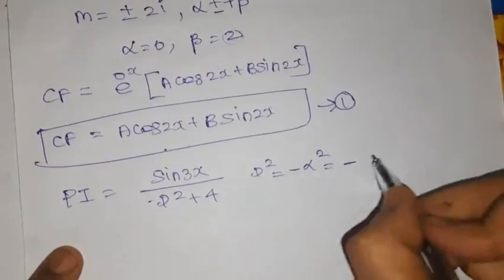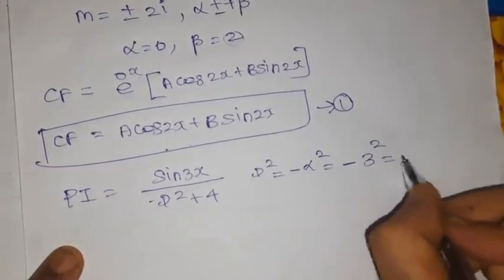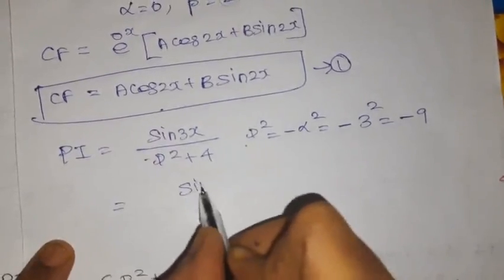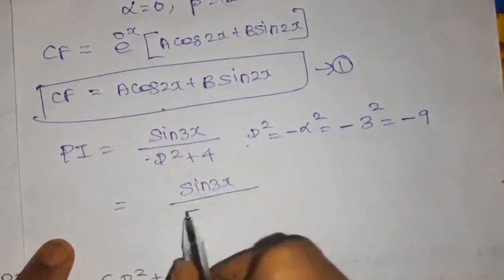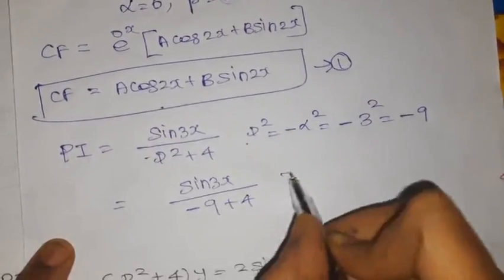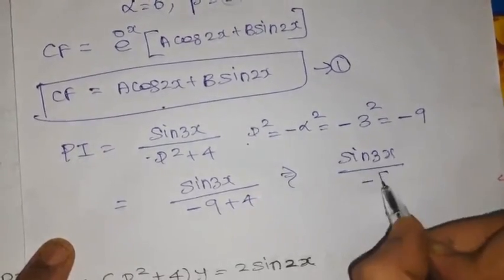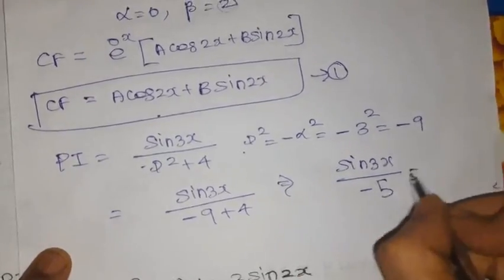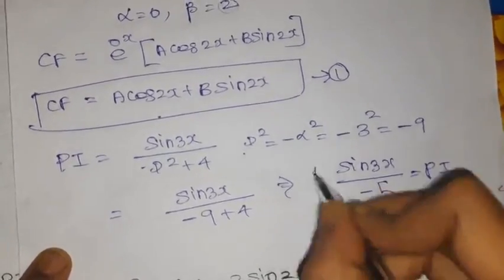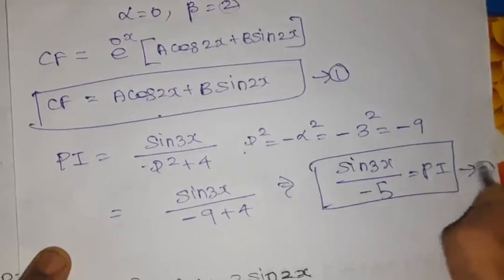So, alpha here is 3, 3 squared equal to minus 9. So, D squared equal to minus 9. So, sin 3x divided by minus 9 plus 4. What will we get? Sin 3x divided by minus 5. So, this is PI. Say it is equation 2.